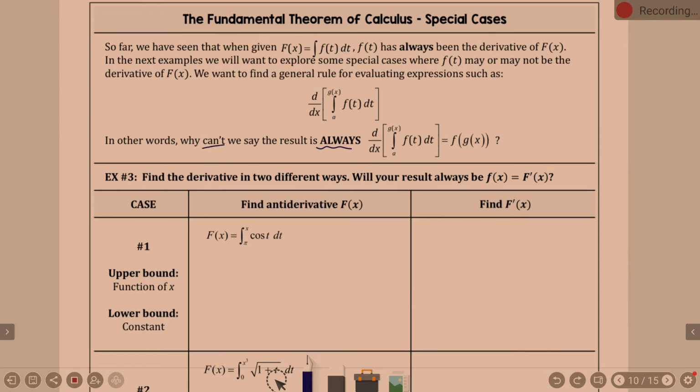Why can't you always just plug that in? And it will work sometimes, not always. The big deal is there a chain rule to think about? If there's a chain rule, it won't necessarily work. And that's where it gets a little nitpicky.